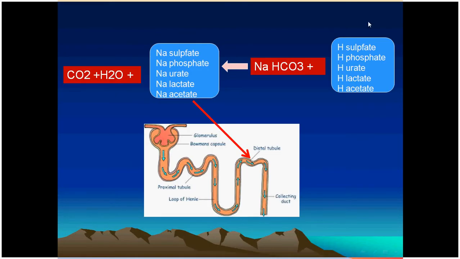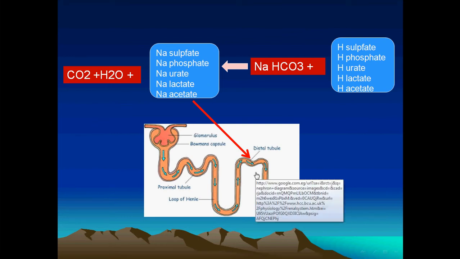Imagine the end product of the metabolism of protein, like sulfate and phosphate. When it reacts with the powerful sodium bicarbonate, it gives sodium sulfate, sodium phosphate, sodium urate, and then carbon dioxide and water.